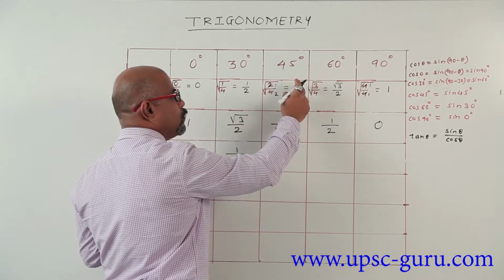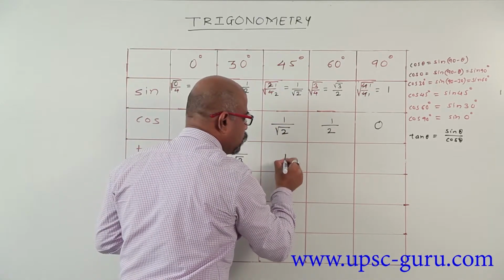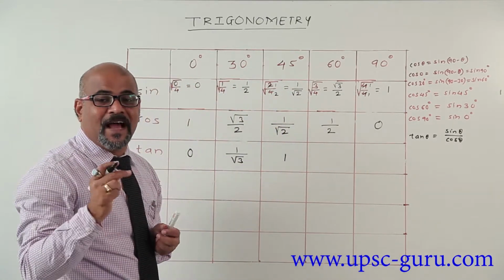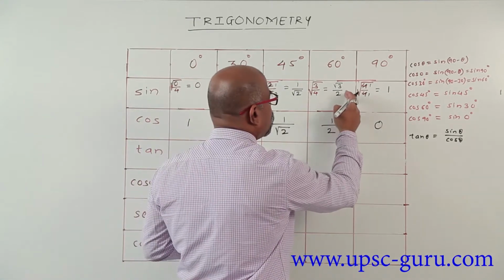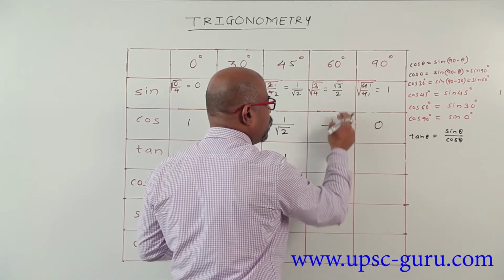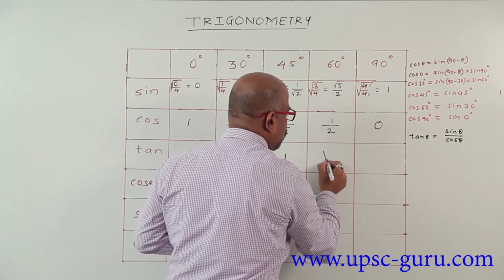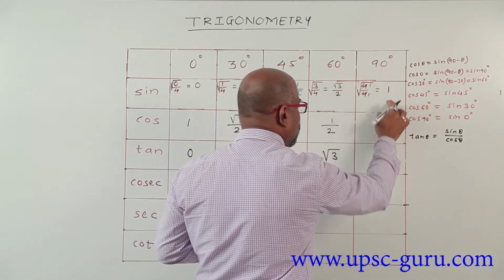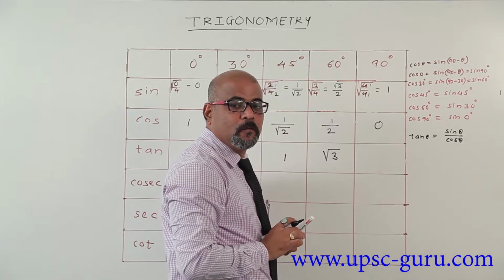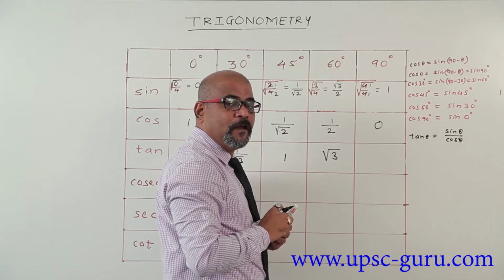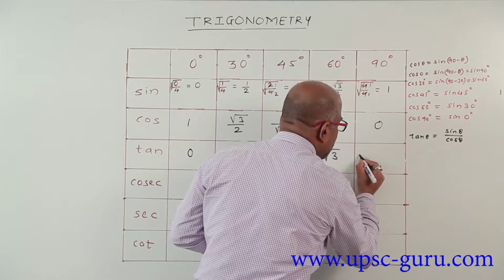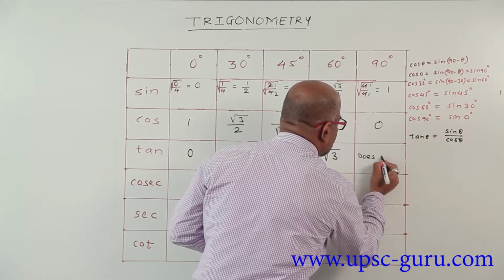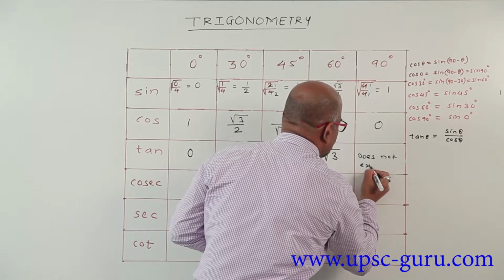Tan 45 equals 1 by root 2 upon 1 by root 2, that is 1. Tan 60 equals root 3 by 2 upon 1 by 2, the 2s get cancelled, we get root 3. And tan 90 equals 1 upon 0. We know that the value of 1 upon 0 does not exist. Therefore, here we write does not exist.